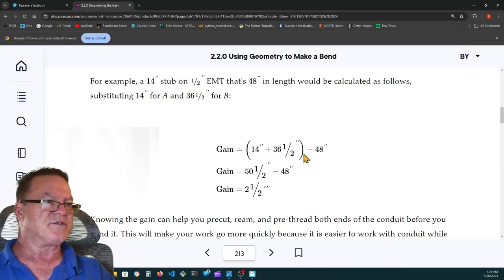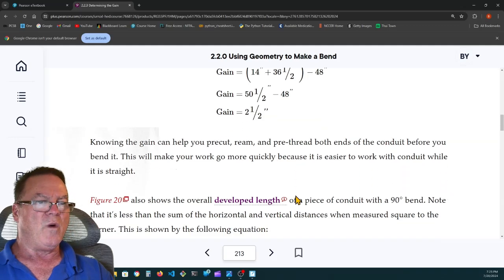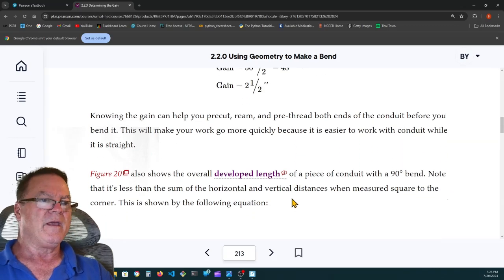When they add those two together, they get 50.5 inches, minus the 48 inches gives them their 2.5-inch gain. Knowing the gain can help you pre-cut, ream, and pre-thread both ends of the conduit before you bend it. This will make your work go more quickly because it's easier to work with conduit while it is straight.